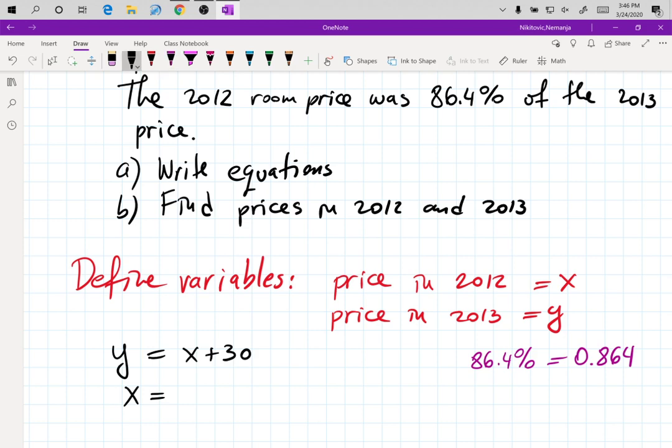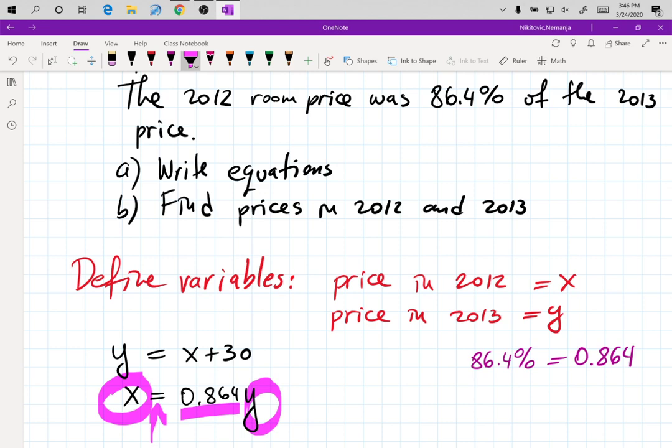So all I need to do is to say 0.864y. So let's look at the second equation for the second sentence. One more time, the price in 2012 is 86.4% of y, which is the price in 2013.